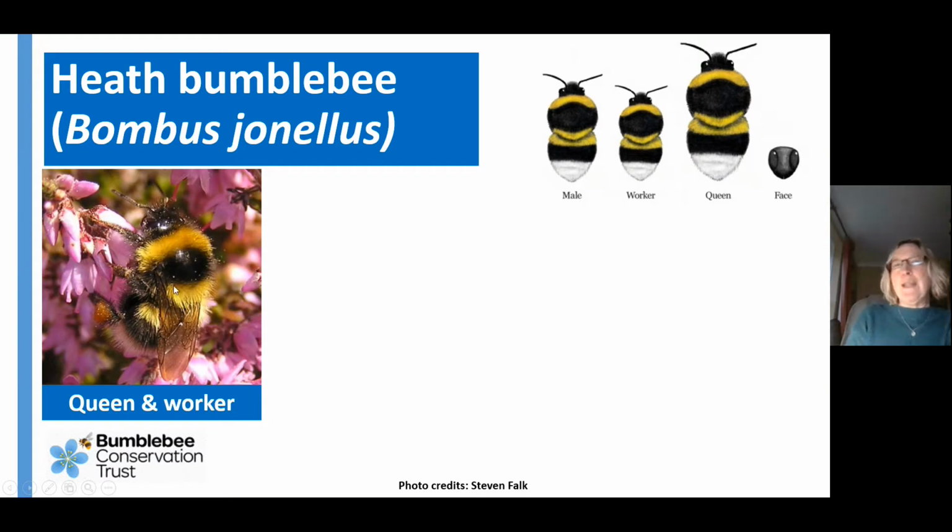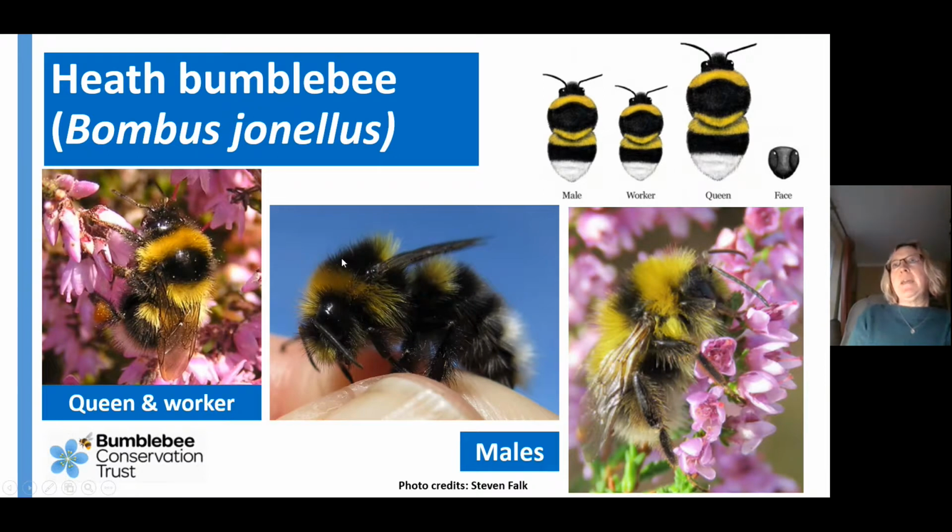It's relatively small, quite rounded and quite fluffy in appearance compared to the garden bumblebee as well. Very attractive little species. The queens and workers appear very similar other than size, but the males, the diagram doesn't represent truthfully how much yellow is on the males.